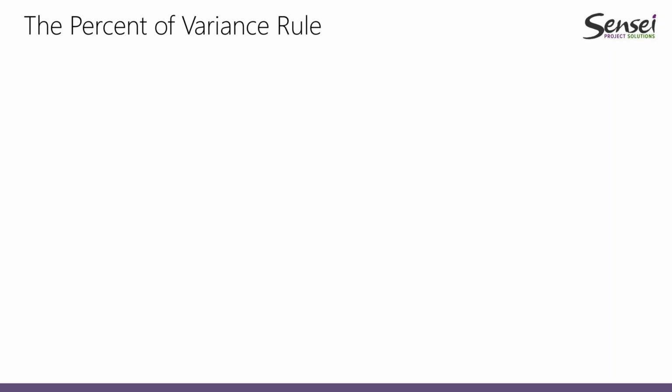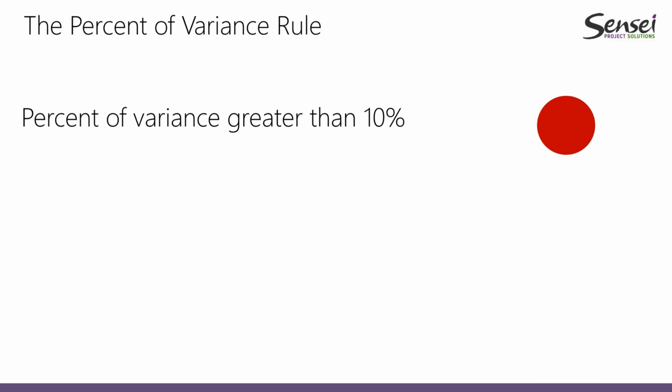In the majority of cases, people will do something like this: if the percent of variance is greater than 10%, show the red icon, the red circle, because a variance greater than 10% is pretty bad, and I would like to show that task in red.